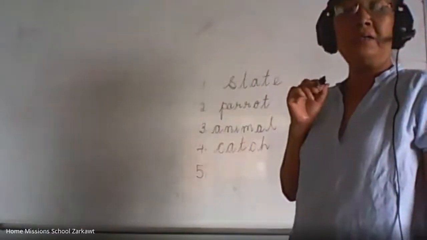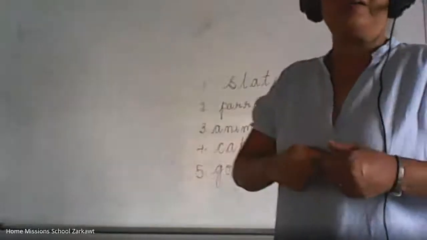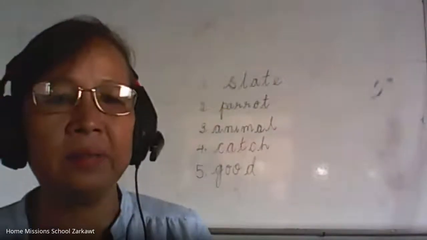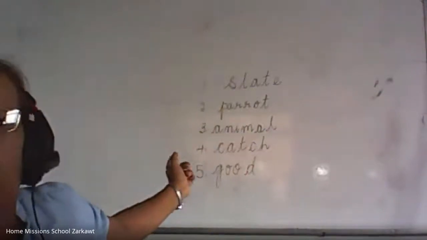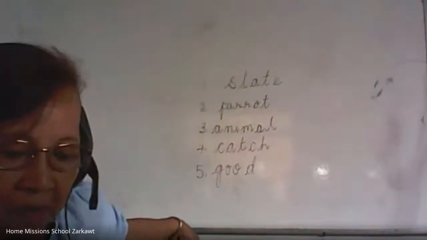Good. Yes, very good. G-O-O-D. Good. Very, very good. You all are good. So I hope you all have written that. The first one is slate. Second one, parrot. Third one is animal. Fourth one is catch. And fifth one is good.